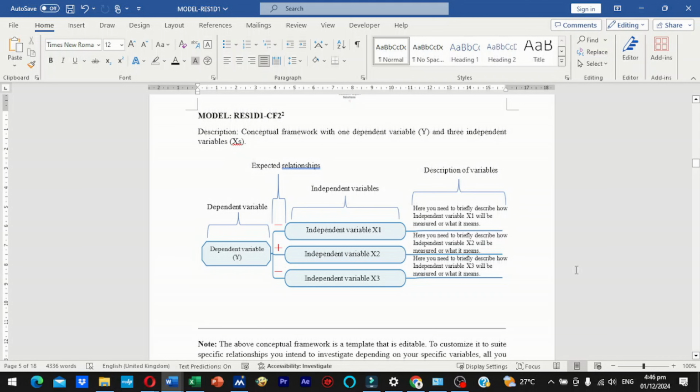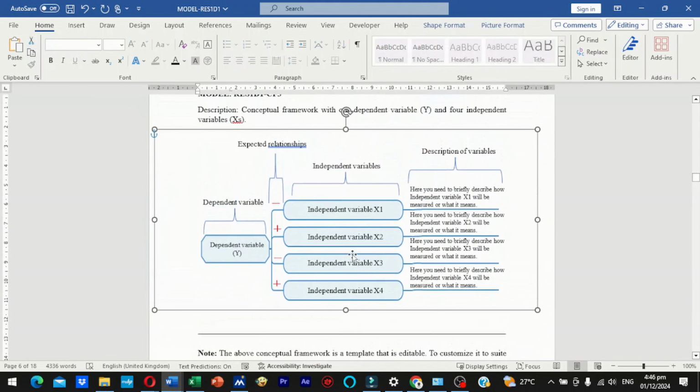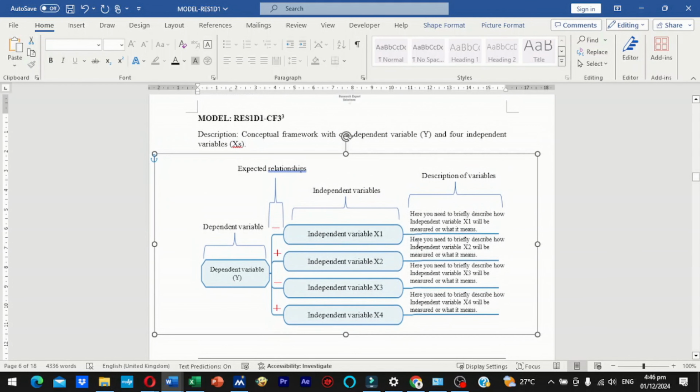So moving on to the other one, we can see that we have a bunch of research conceptual framework templates that can be used by anyone who's conducting a study that involves one dependent variable and multiple independent variables.